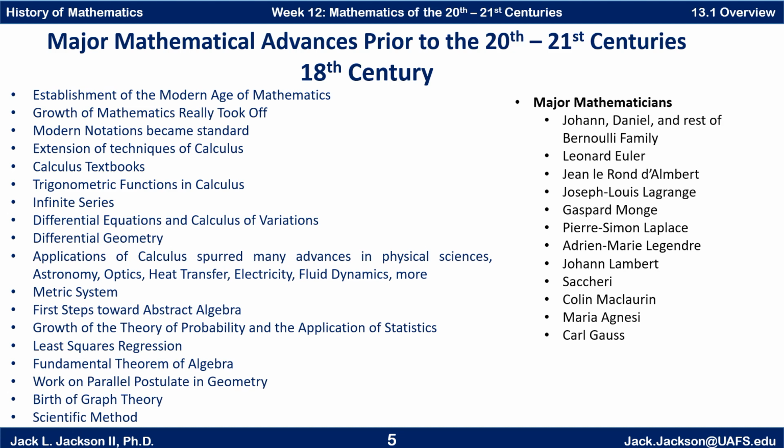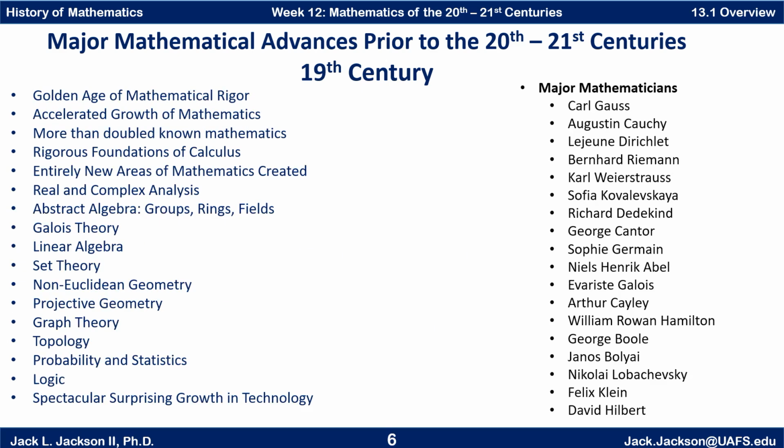Some of the major mathematicians of the 18th century include Johann, Daniel, and the rest of the Bernoulli family, Euler, D'Alembert, Lagrange, Monge, Laplace, Legendre, Lambert, Saccheri, Maclaurin, Agnesi, and Carl Gauss being a giant there at the end of that century and on into the next century.